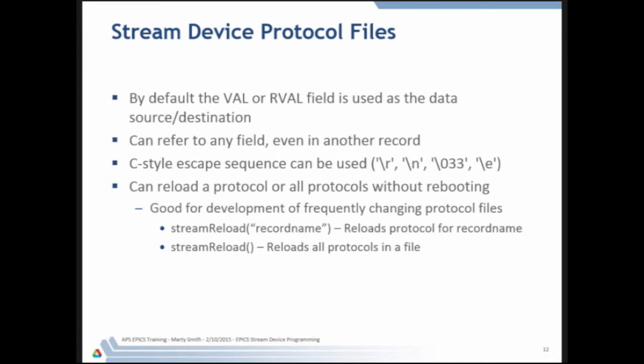And so then you would modify your protocol, and then you could use stream reload for a particular record name, or stream reload with no record name will reload all the protocols for all the records. So, like I said, you don't have to recompile or reboot all the time. You could just reload your protocol file.